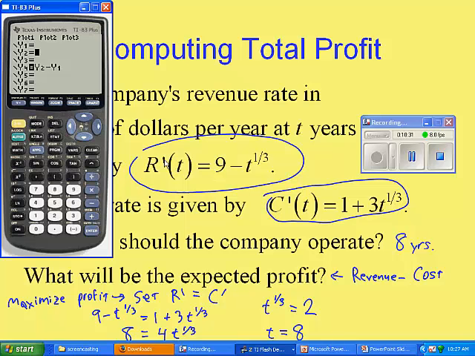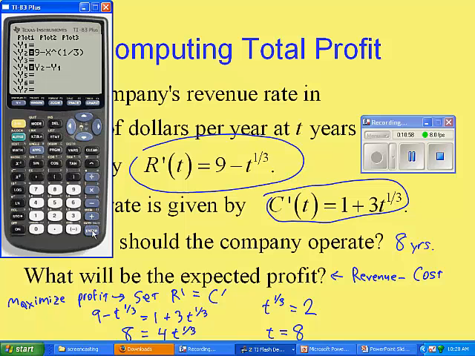I'm going to put this into y2. So r prime of t is going to be 9 minus x caret, open parentheses, 1 divided by 3. So that's going to be r prime of t. And then c prime of t I'll put up there.